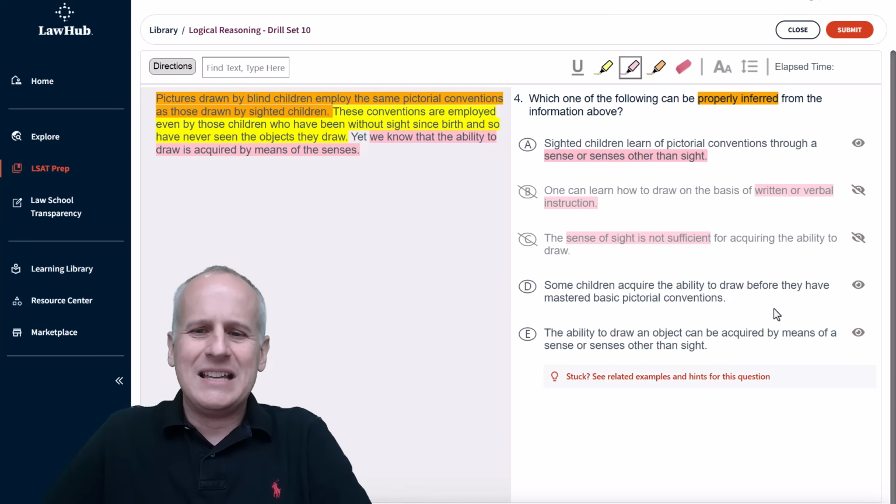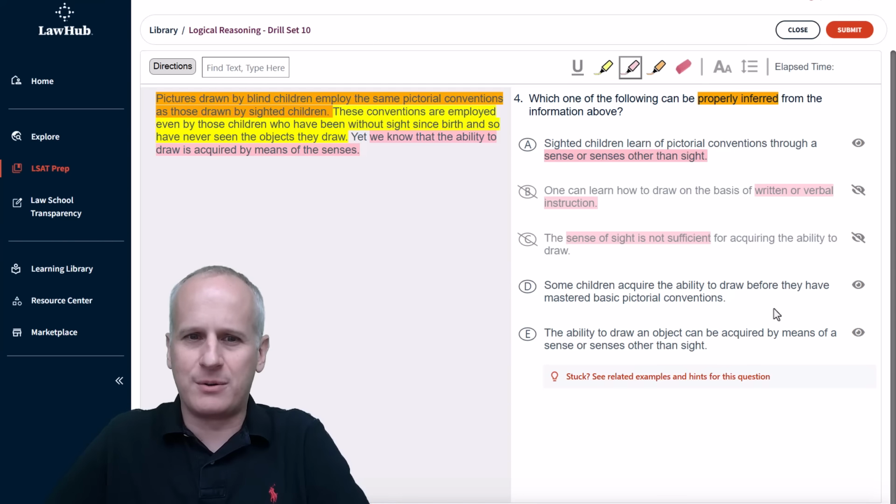Then choice D, some children acquire the ability to draw before they have mastered basic pictorial conventions. Okay, so again, we need to cross-check terms very specifically. So basic pictorial conventions. I've got the same pictorial conventions. They never say that they're basic.